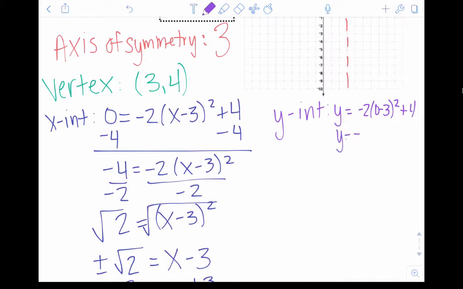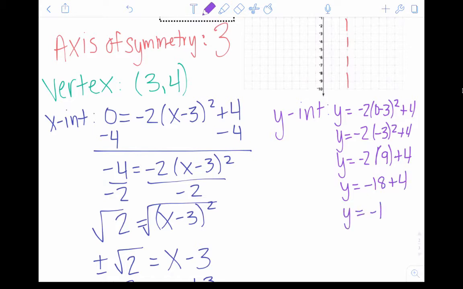So y is equal to -2 times (-3) squared plus 4. So that's (-3) squared, which is -3 times -3, a positive 9. -2 times 9 is -18. So I have -18 plus 4. So y is equal to -14.